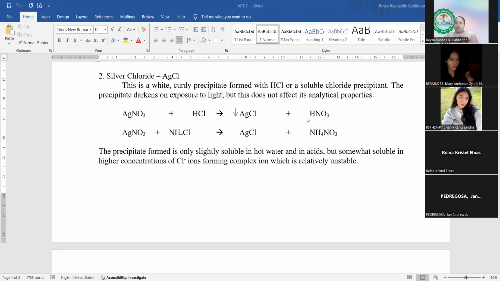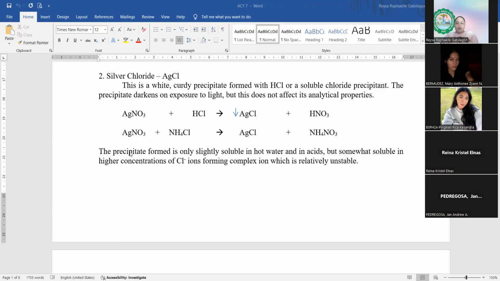The other product is nitric acid. If ammonium chloride is used instead of hydrochloric acid, you will still get silver chloride as a white curdy precipitate, but the other product is ammonium nitrate.